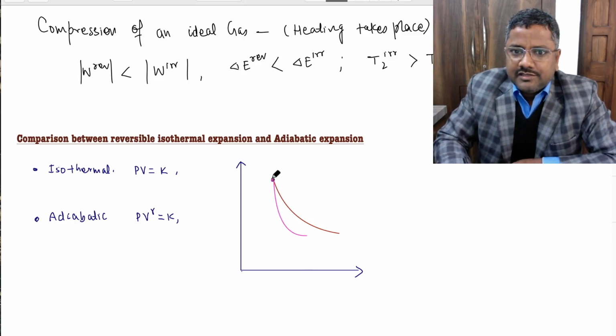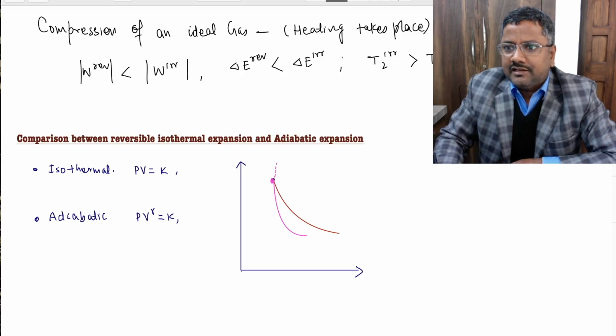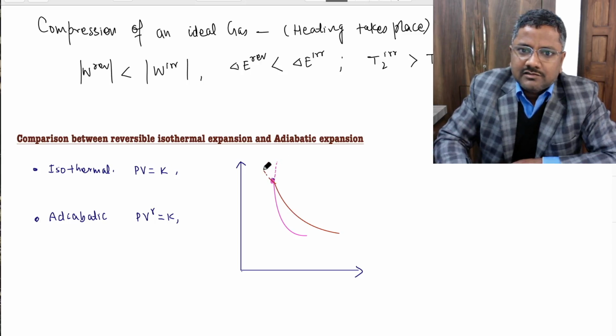This is the initial state. If you move backside here, they will cross like this.